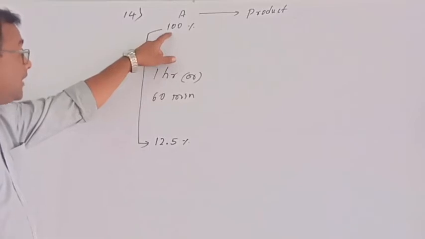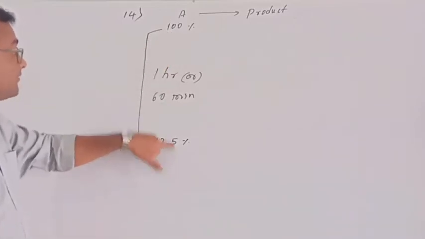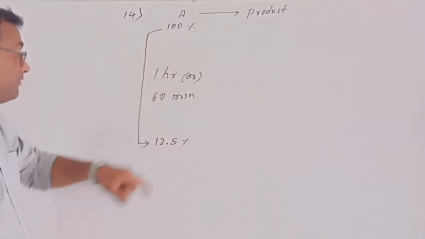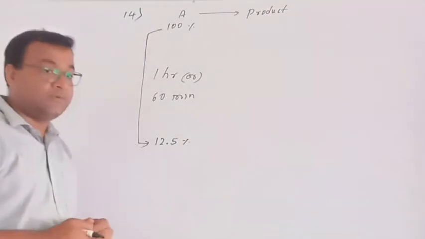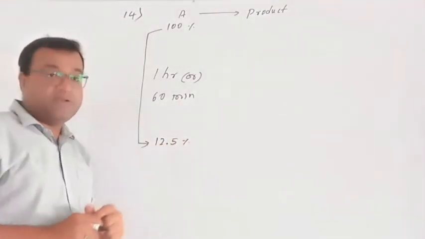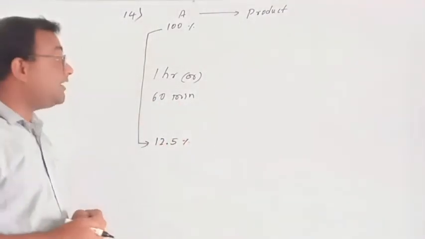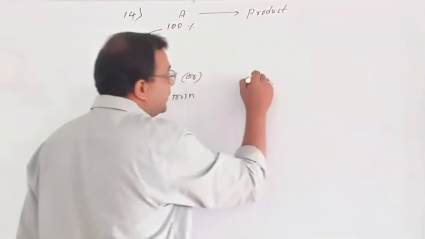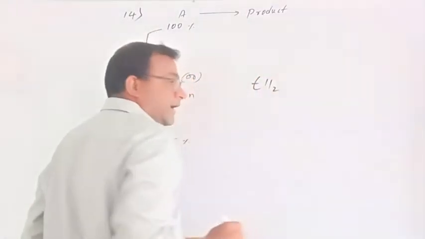So 100% to 12.5% reaction change takes 60 minutes. Then what is T half? How to find it out?